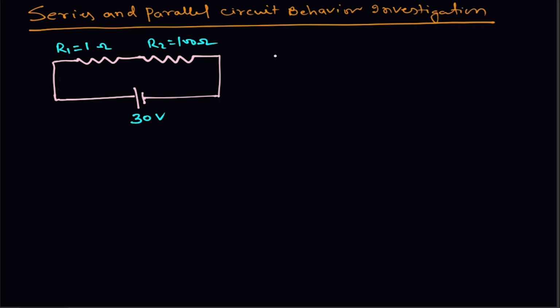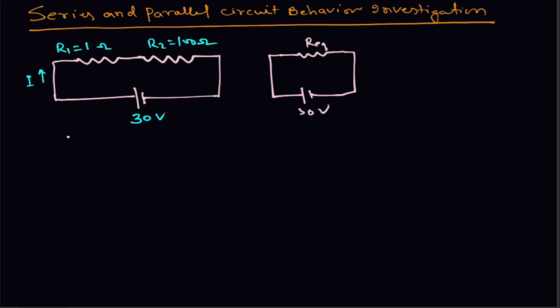So let us start. Here the voltage connected is a 30 volt DC source, and for this let the current that will flow through this circuit be I. Now what is the equivalent resistance of these two resistances in series? Let this be Req, connected to this 30 volt supply, and Req is the equivalent of R1 and R2 which are in series.